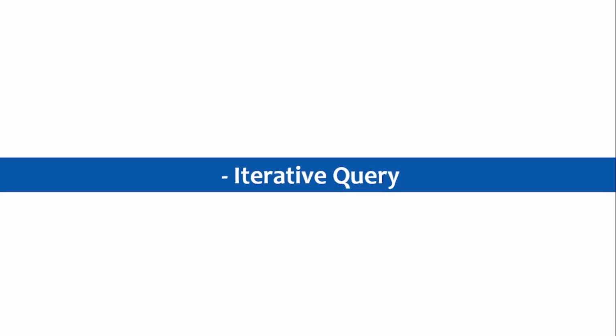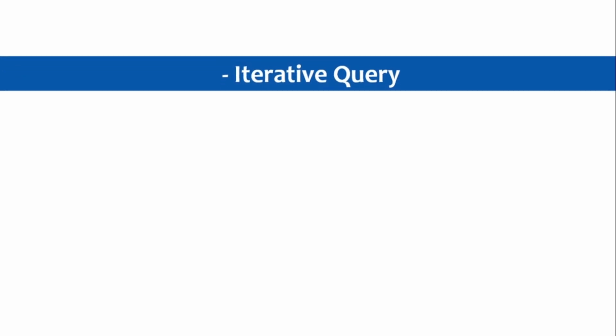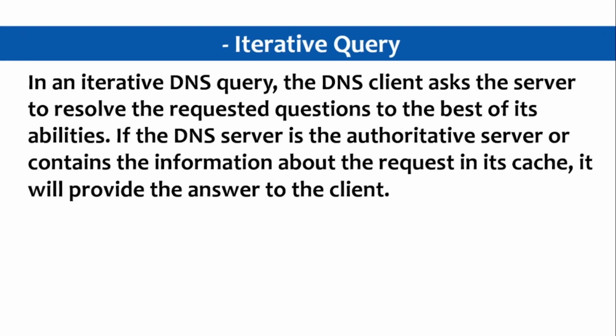So let us look at these queries in detail now. In an iterative DNS query, the DNS client asks the DNS server a question to the best of its abilities.